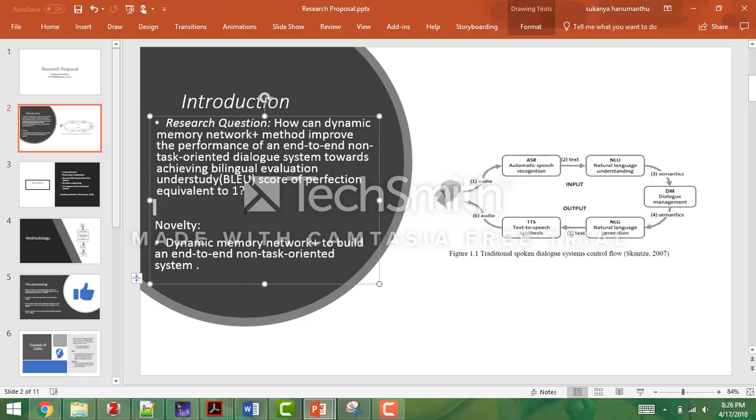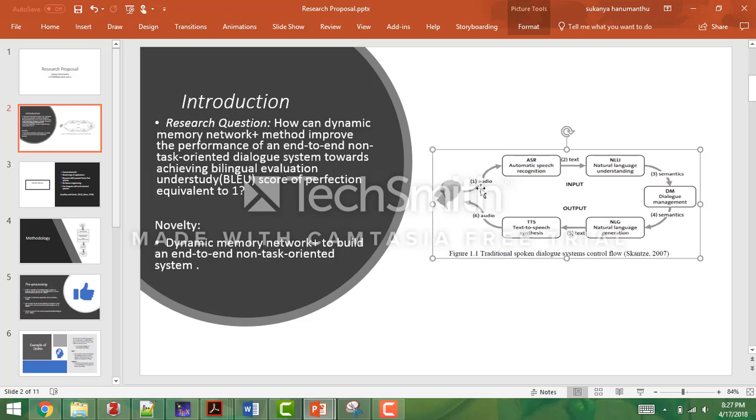That's a system which confuses the user whether it's really a machine talking or a person. You cannot actually differentiate whether it's a machine or a person. That kind of field is not reached by any non-task oriented dialogue system in the present day.